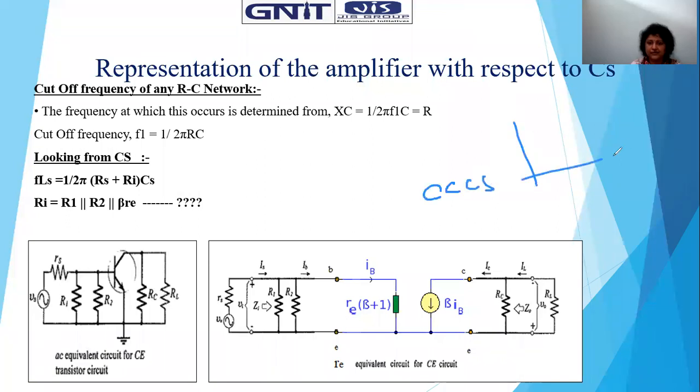Because you know that if we sketch the IC versus VC graph, after a certain value of VC there is a constant value of current.